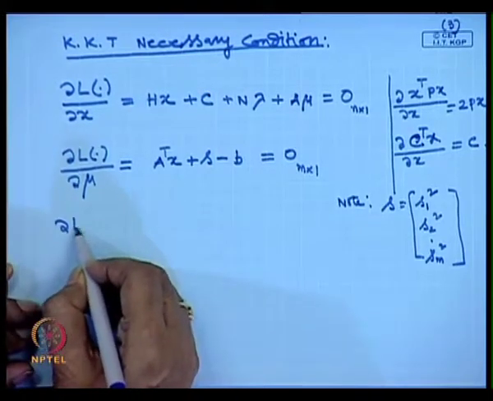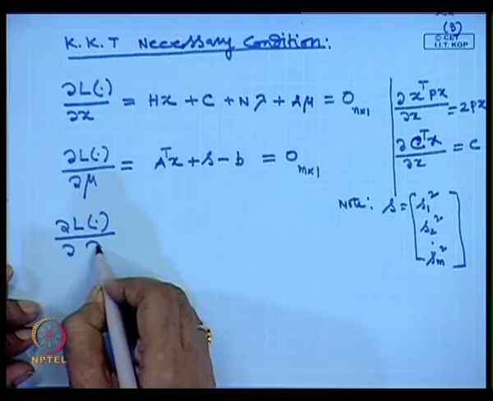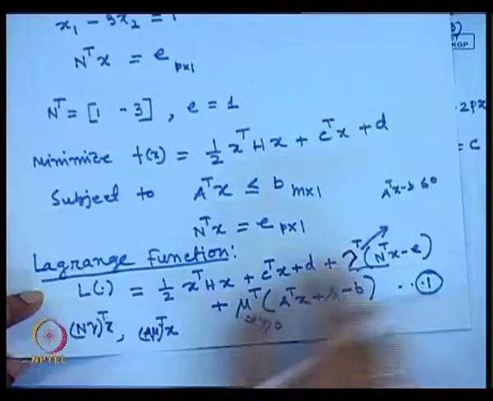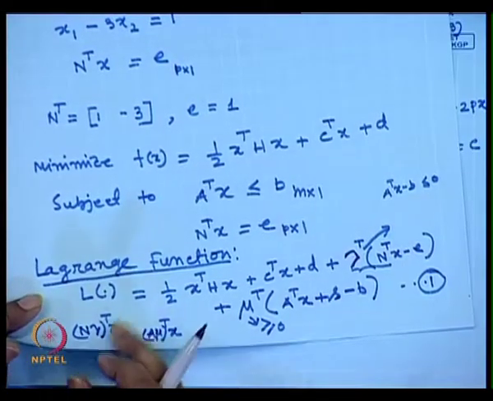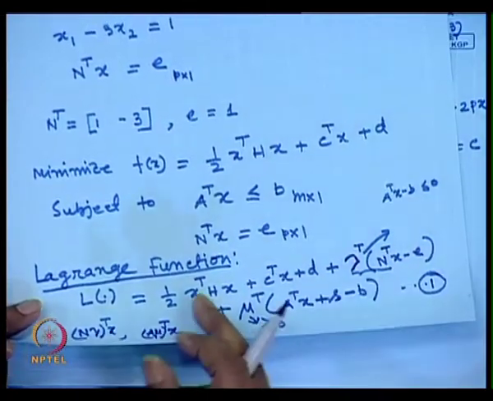Next, we differentiate with respect to lambda, the Lagrange multiplier. Lambda is associated with this term. Since it is a scalar quantity, take the transpose and partially differentiate with respect to lambda.